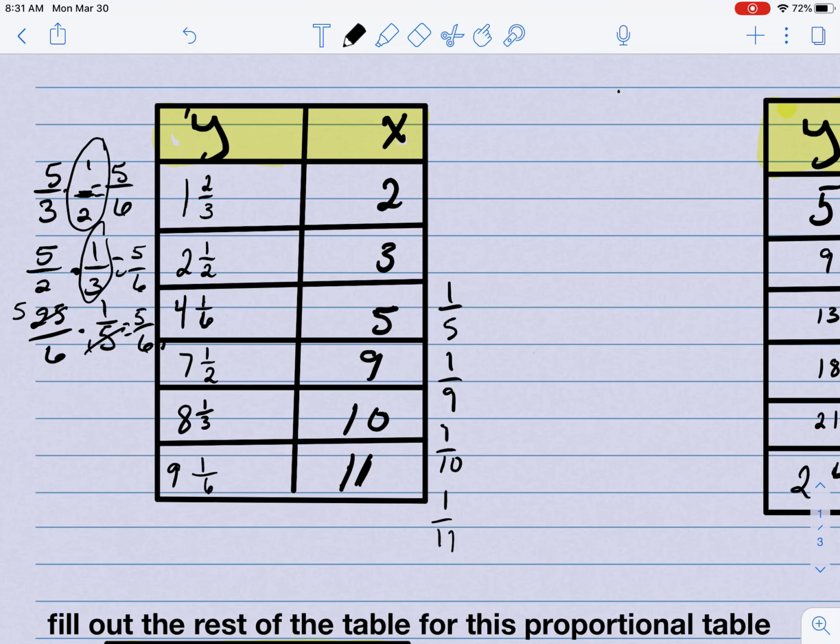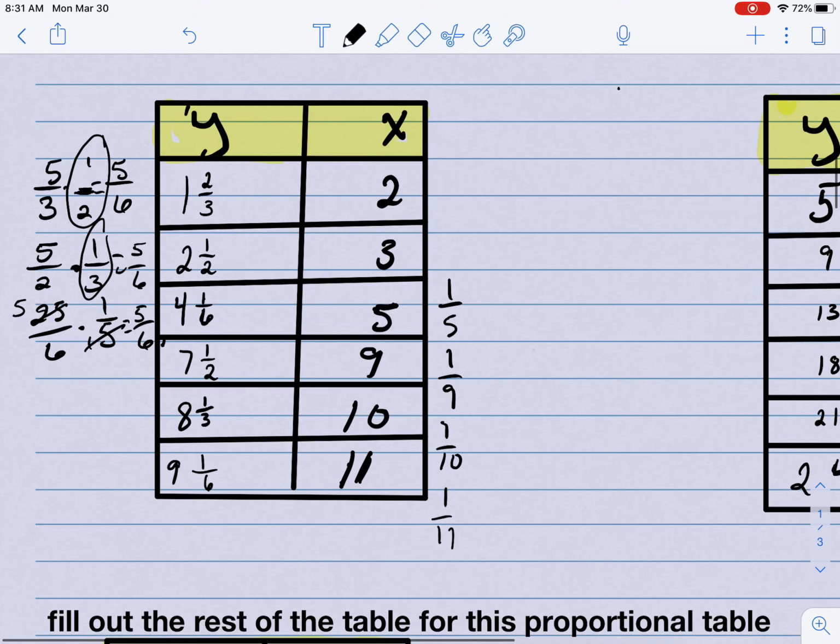Okay, so far it's looking good. Next one, 7 and 1/2. That's going to be 2 times 7, which is 14, plus 1 is 15. So 15 over 2 times 1/9 equals 15/18, which can be simplified to 5/6.